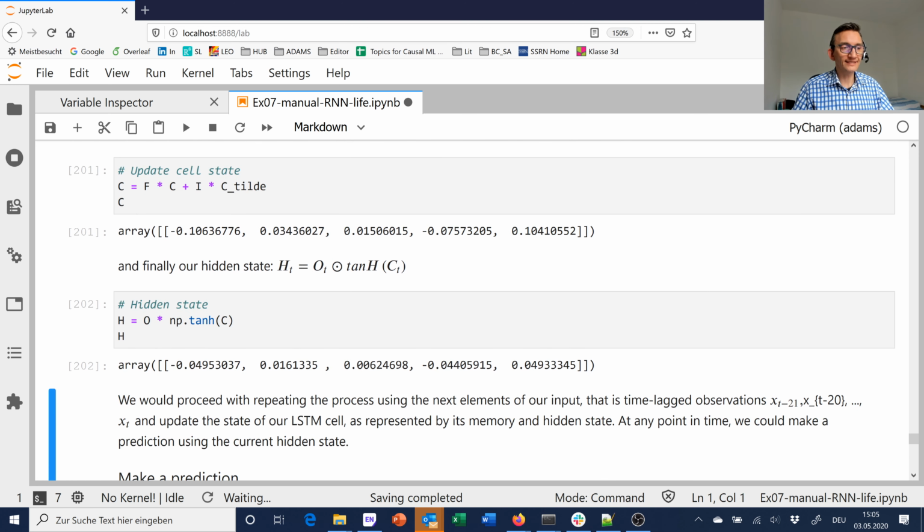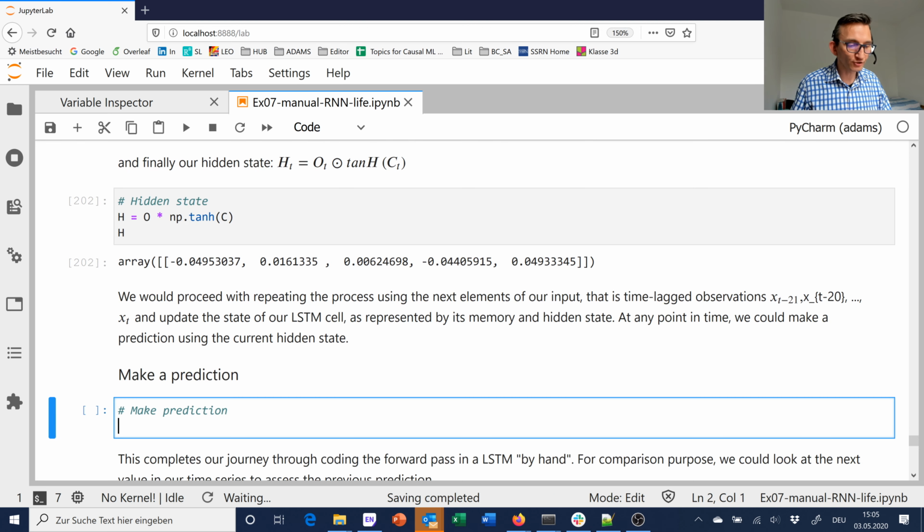That was the LSTM, all the way through these gates. And now we have our hidden state. How many updates have we done? Just one, right? We have the hidden state update after giving the LSTM the very first observation in our sequence window, x at t minus 22.